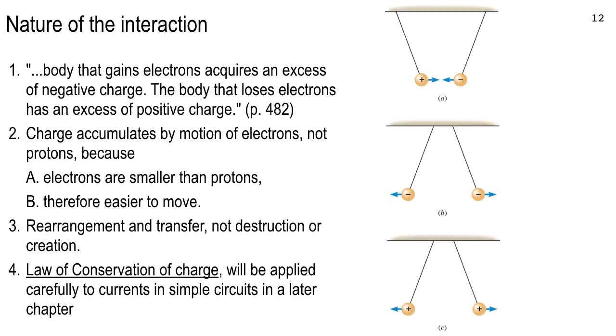Because in a circuit, electrons move around, and unless you get an arc from the circuit out to the ground, like a short circuit, the electrons don't go anywhere. They just move around in the circuit.